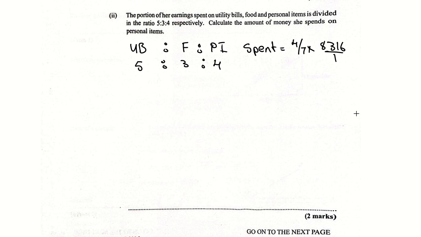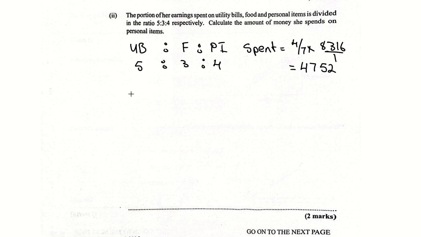When you do that, you're supposed to get 4/7 multiplied by 8,316. So she spent 4,752.